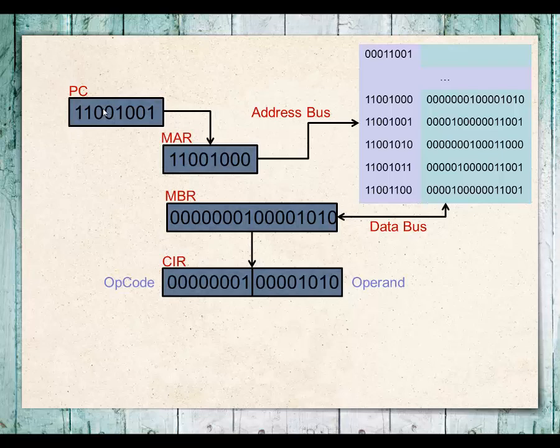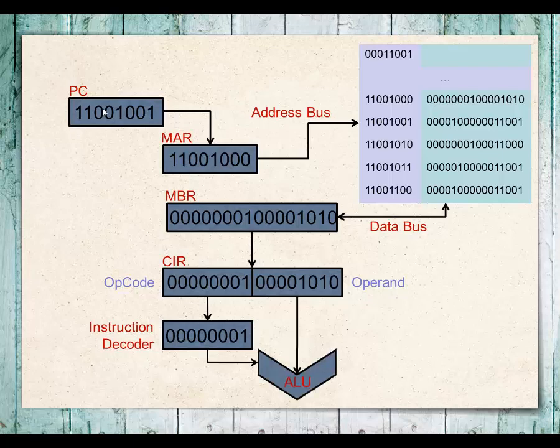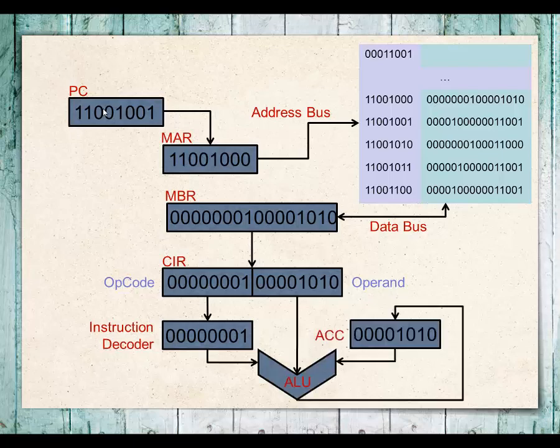This one, remember, is load the accumulator with 10. The next cycle of the clock, the CIR will pass the instruction to the decoder. The decoder then will decode what it needs to do, load the accumulator, and it will tell the ALU, I need the accumulator and I want you to store 10 in there. And that might take 5 or 6 cycles of the clock to perform.